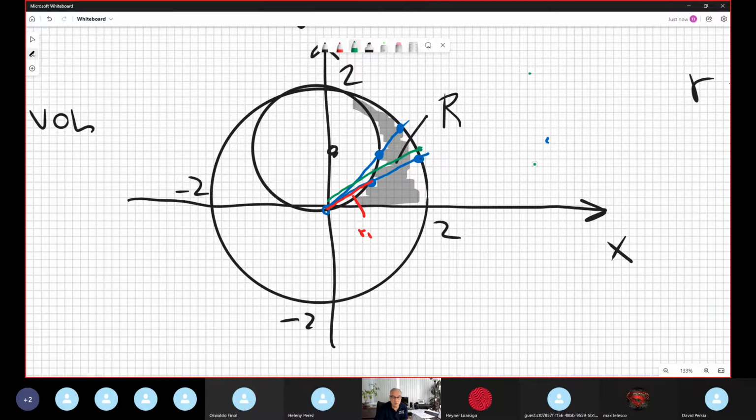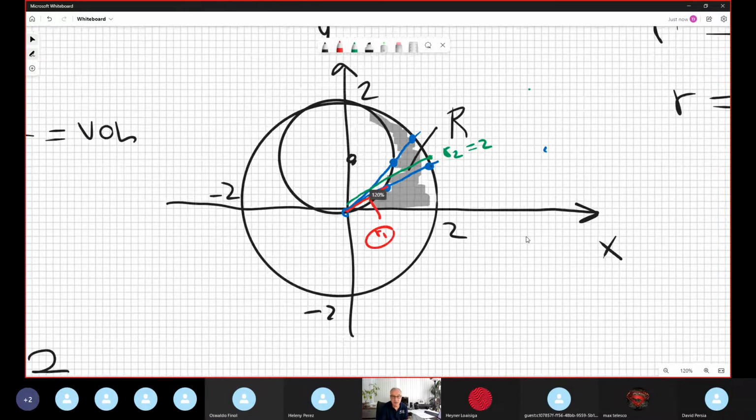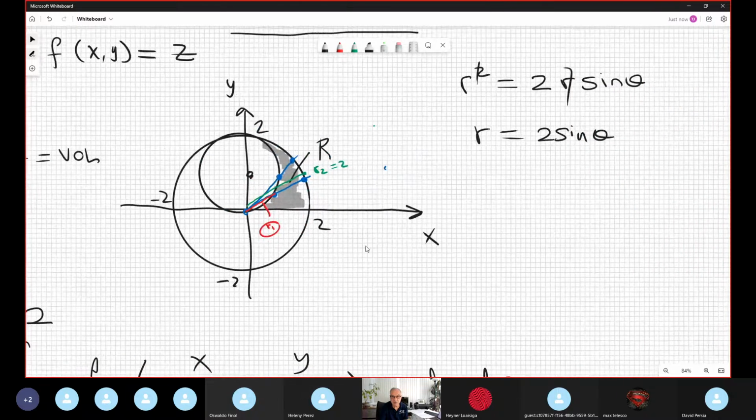This is radius 2, in green color. Radius 2 is obviously 2. Radius 1, no, it's not constant. It's variable. It is the R of the small circle. I proved mathematically that the R of the small circle is that guy. Cool?